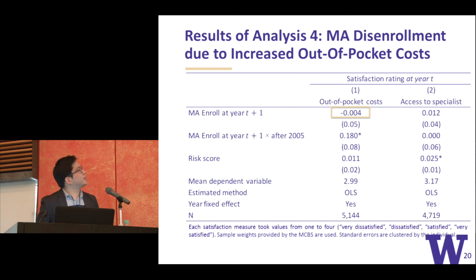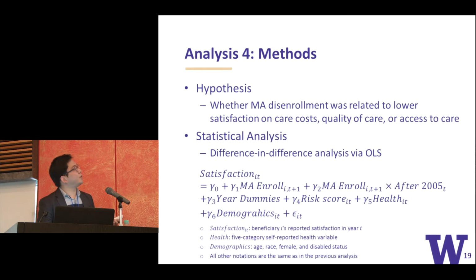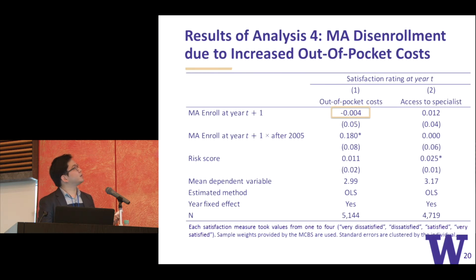And this means that in the pre-ACC period, compared to people switching to FFS plans next year, people staying in MA plans were more likely to be less satisfied with out-of-pocket cost. But the sum of gamma 1 and gamma 2 is about 0.176, right?